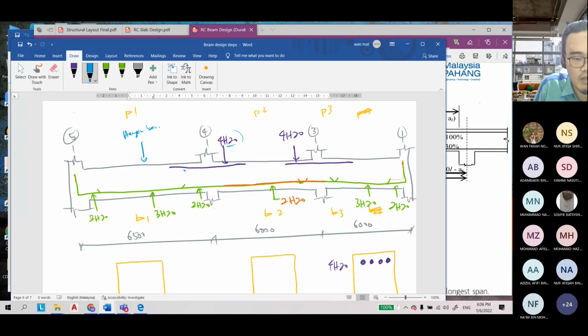So dia akan bengkokkan sini, dan dia akan buat lapping. Tak apalah yang tu kamu tak boleh buat, tak apalah. Yang penting kamu boleh lukis dulu, okay? And this also, this one sama je. And then dia bawa lapping. This is also hanger bar.